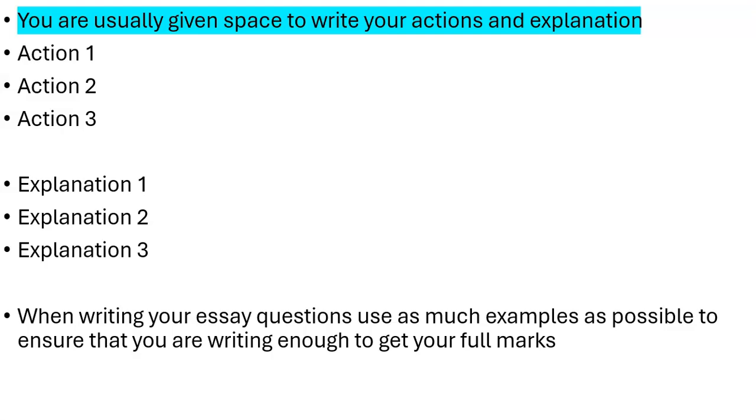So you'll have a space for action 1, which you will write one way that government may be held accountable, is by citizens demonstrating or protesting when they realize that government are not living up to the promises or to the things that they promised that they will do.